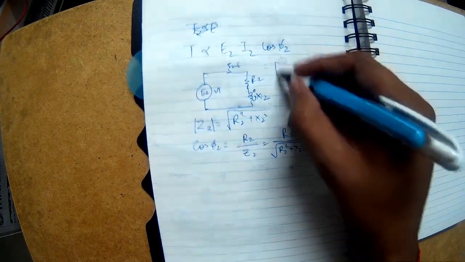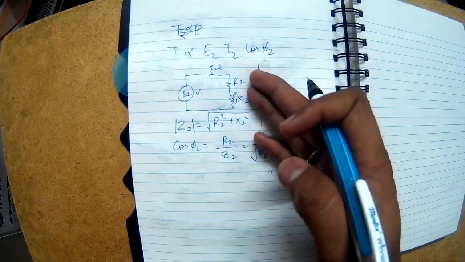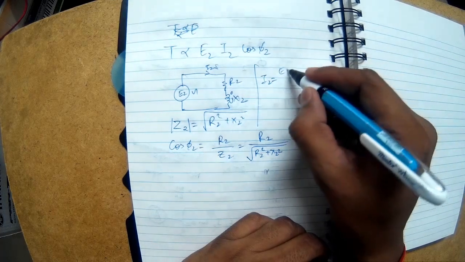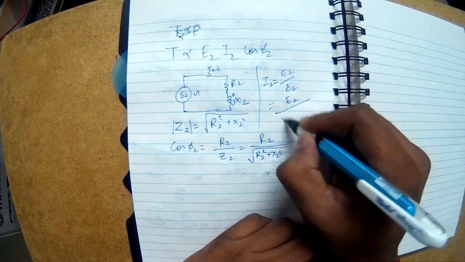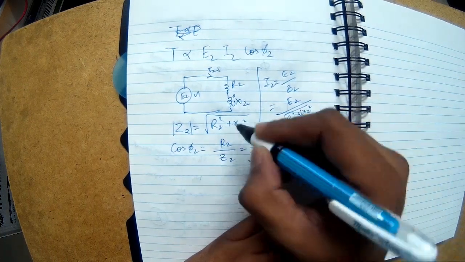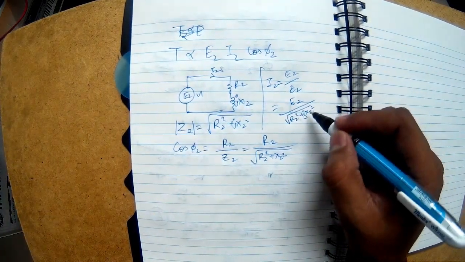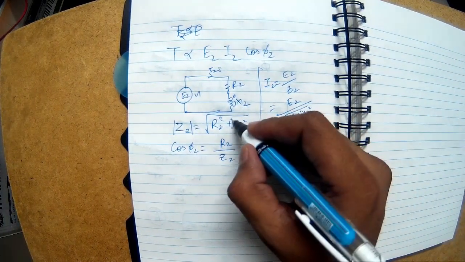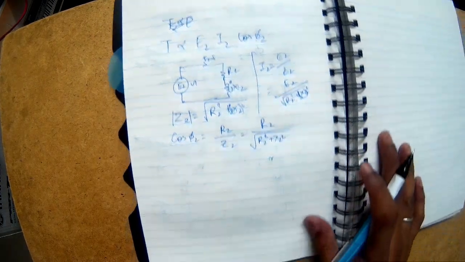What is I2 here? I is nothing but EMF divided by impedance, so E2 divided by Z2, simple Ohm's law. That is E2 by the square root of R2 square plus X2 square. I am worried only about the magnitude, so forget about j for the time being.